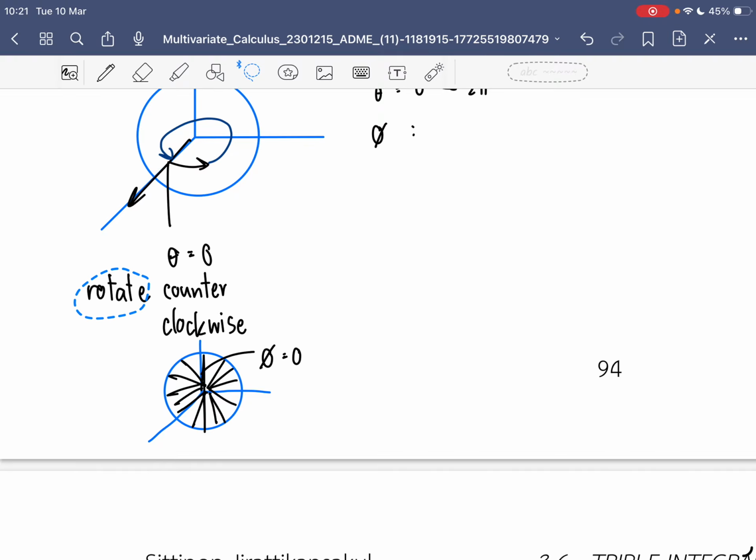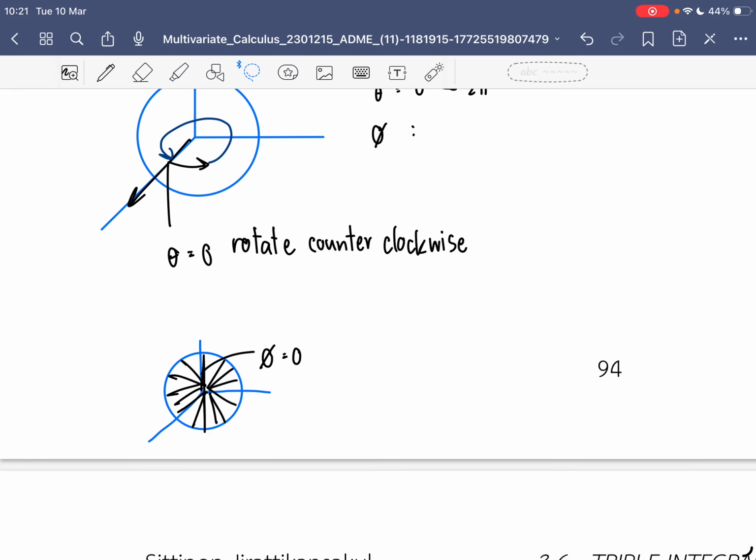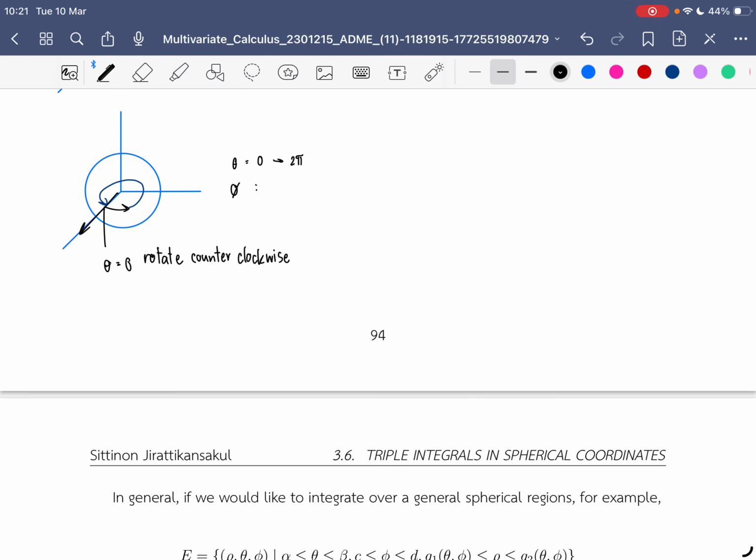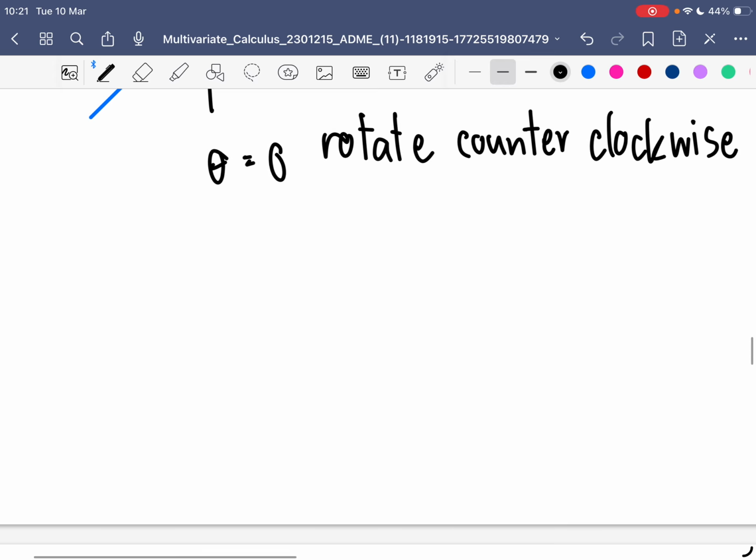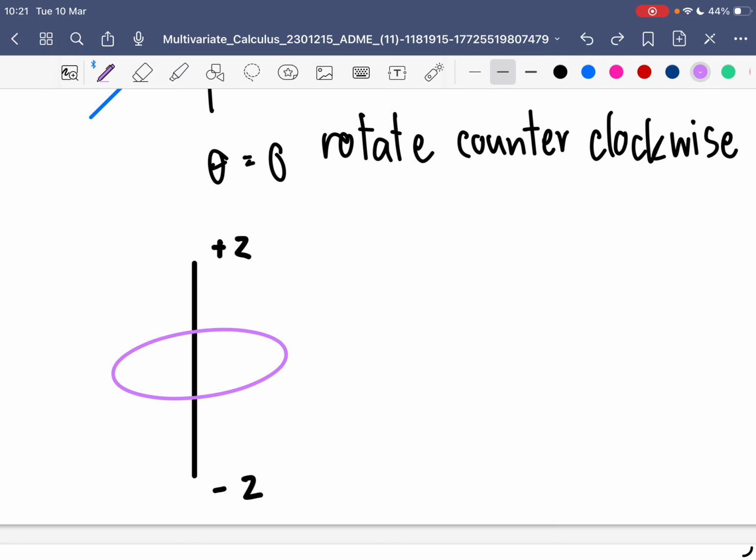But it keeps going. I'm not saying that we are having a domain as a cone, okay? We just try to measure the phi. So when you go more, your phi will start to be greater than pi over 2.